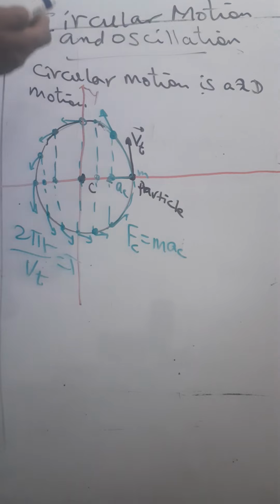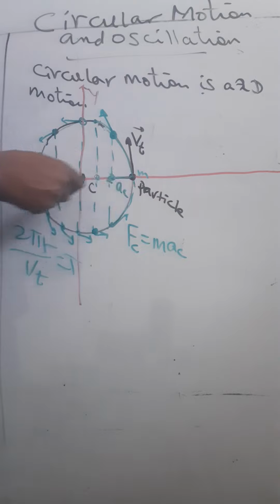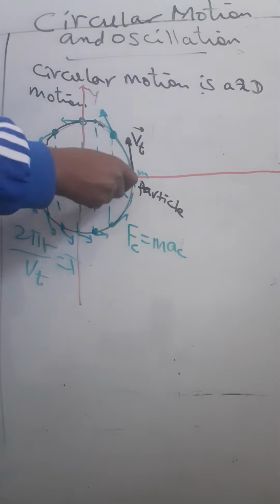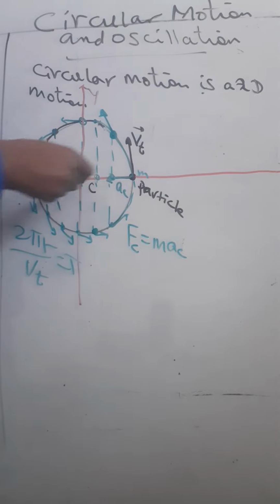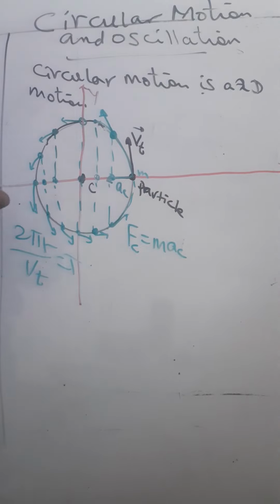But if you look at the shadow instead of looking at the particle, what you are going to see is an oscillation, not a circular motion. You are going to see an oscillation of some dark spot between the points where the x-axis crosses the circle.